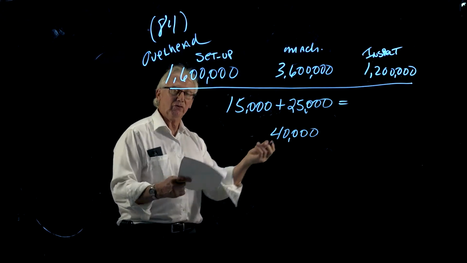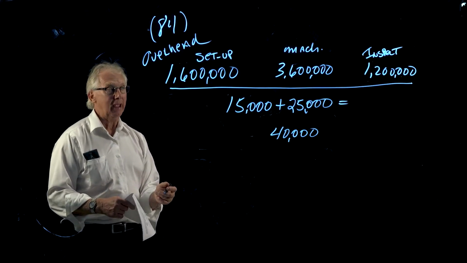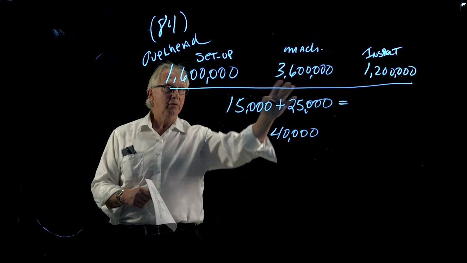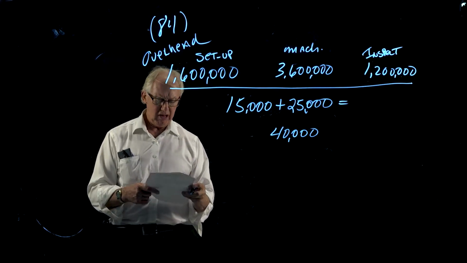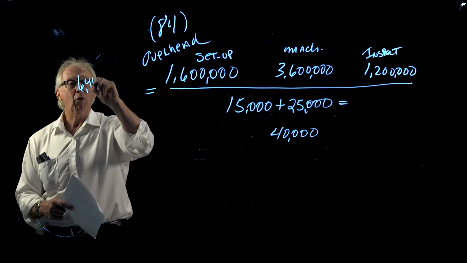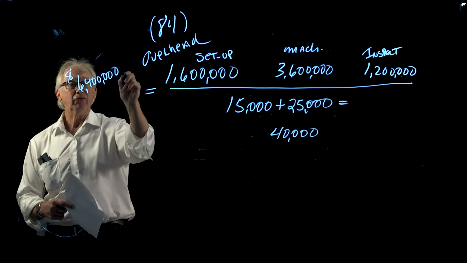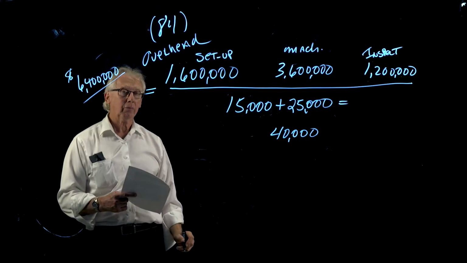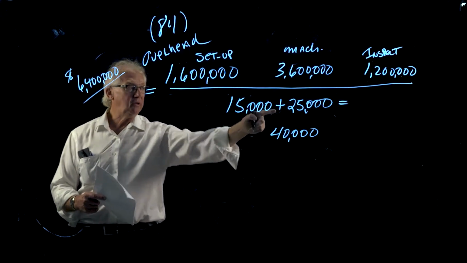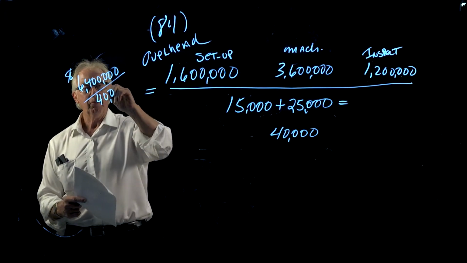This is the traditional way we used to do it in chapter 15. So let's add these three numbers, and we should come out with $6,400,000 of total overhead.